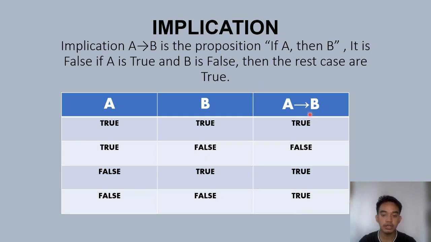If you're going to read this sign, you can read it as: if A, then B is true. And that's how you read the implication sign, or the mathematical sign.